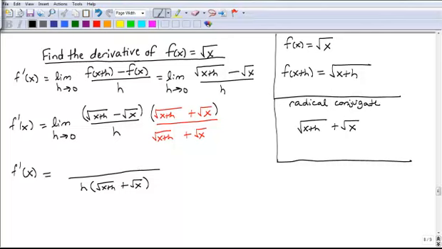So the first two is square root of x plus h and the square root of x plus h. The middle one, or outer one, is square root of x plus h times square root of x. The inner one is square root of x plus h times negative square root of x.